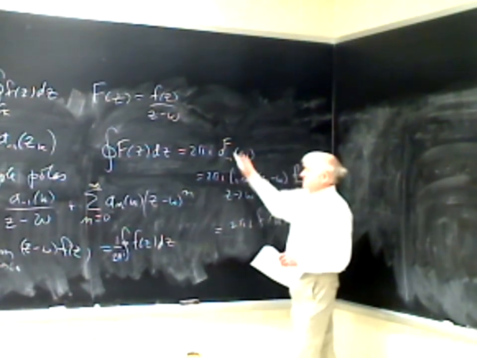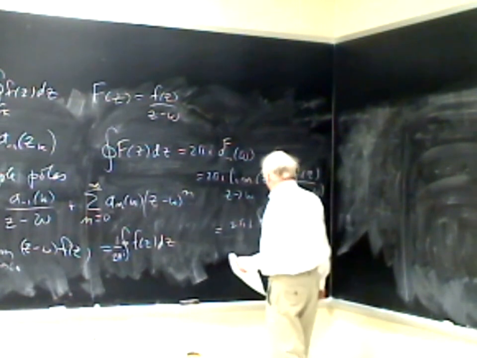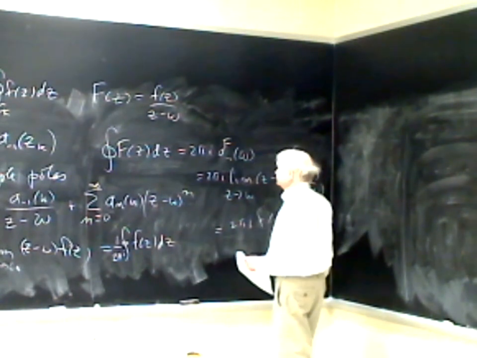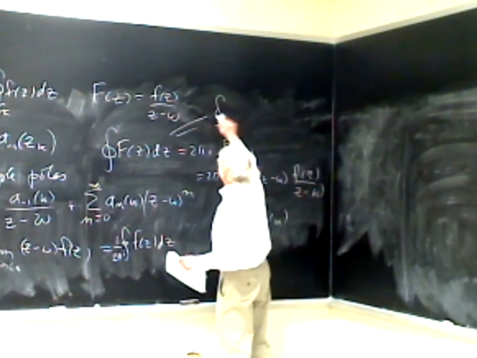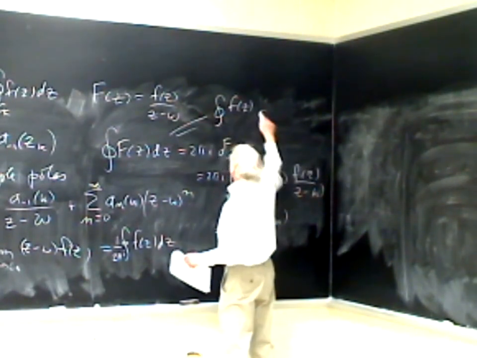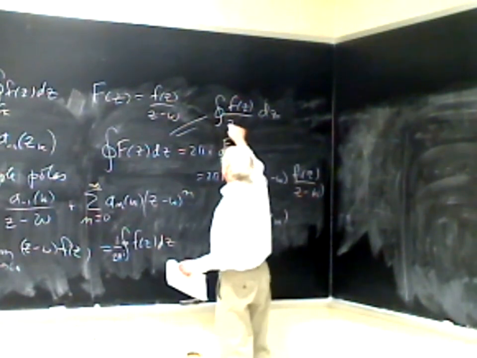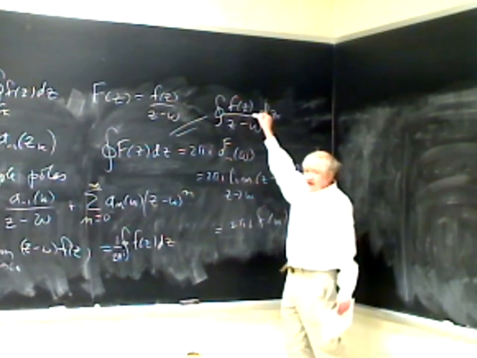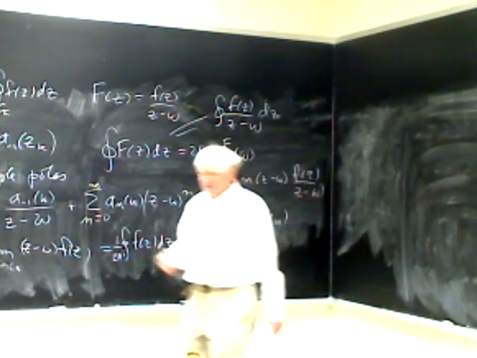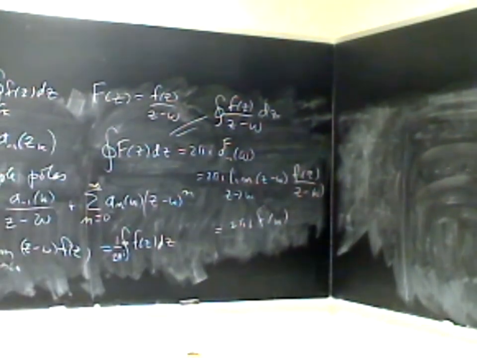So this is Cauchy's integral formula, especially when we write this in the form F of z dz over z minus w. So F of w is 1 over 2 pi i times that. That's Cauchy's integral formula. So Cauchy's integral formula is a special case of the calculus of residues.